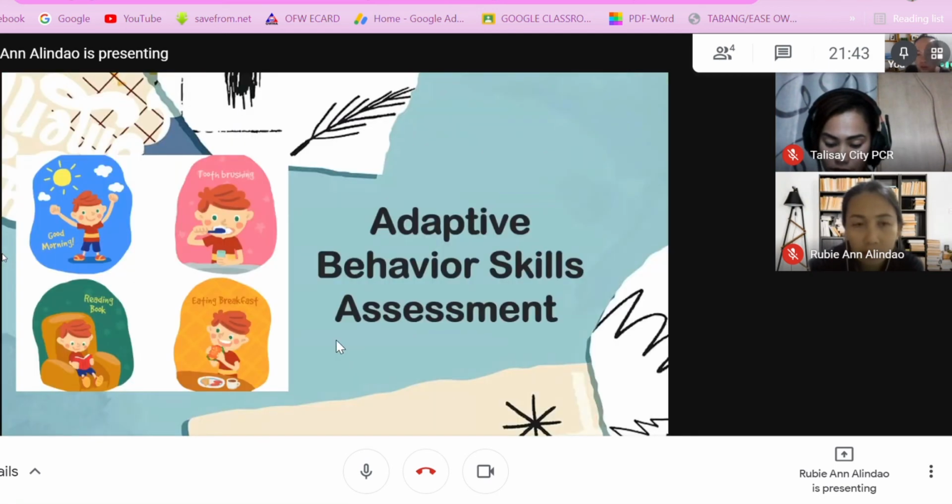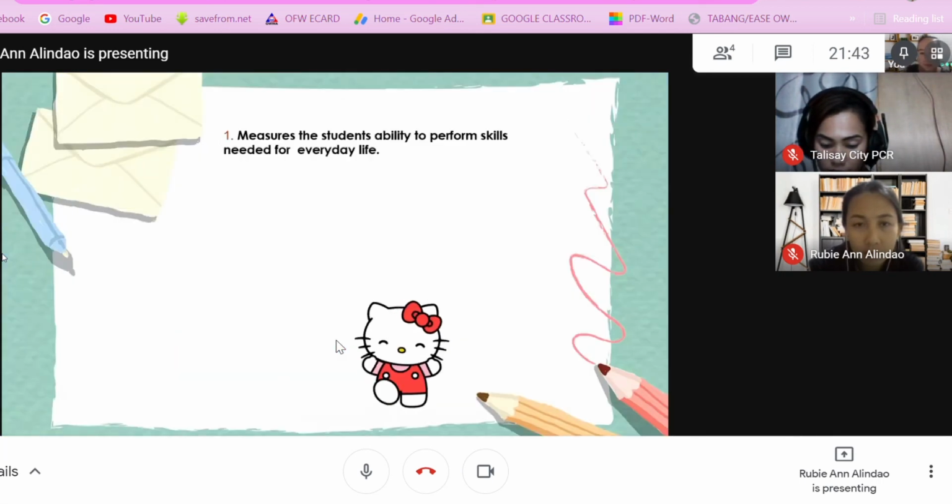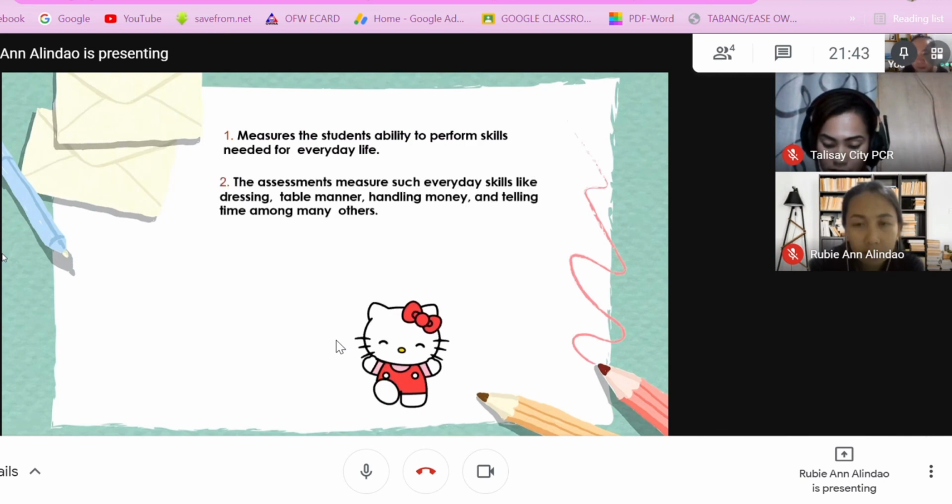Alright, let's go to adaptive behavior skills assessment. It measures the student's ability to perform skills needed for everyday life. The assessment measures everyday skills like dressing, table manners, handling money, and telling time, among many others.